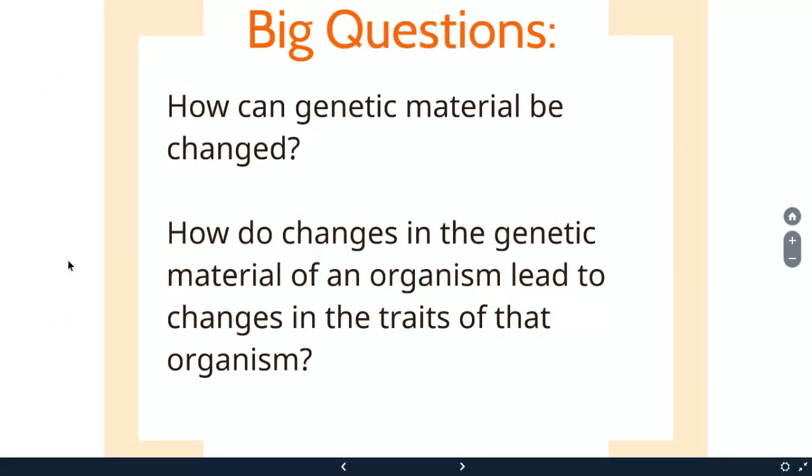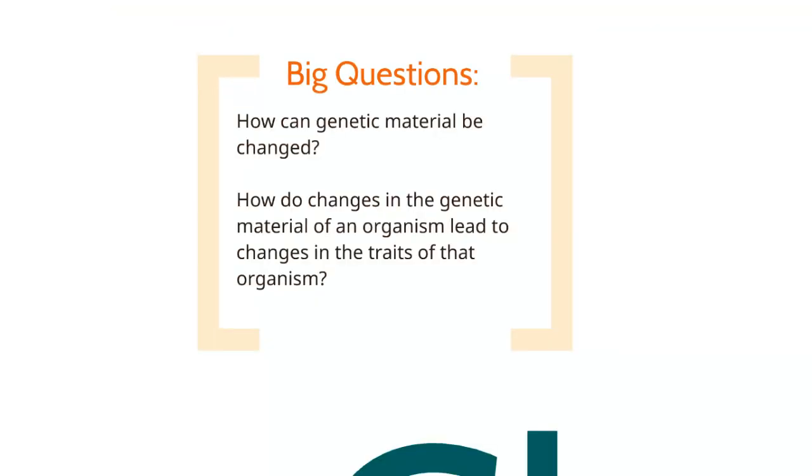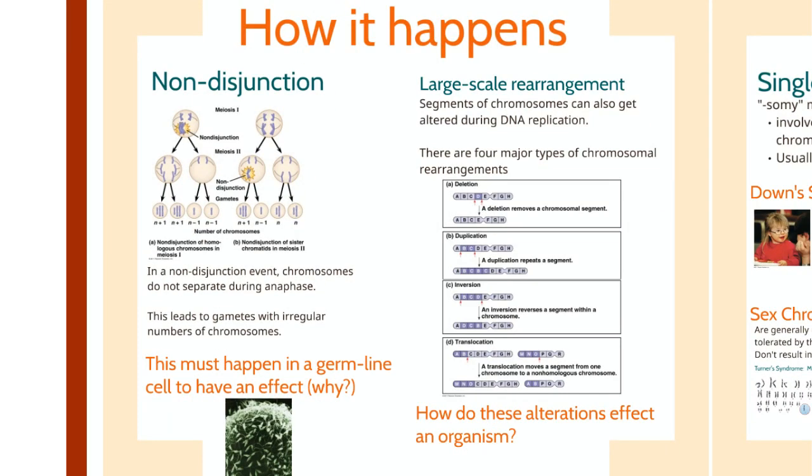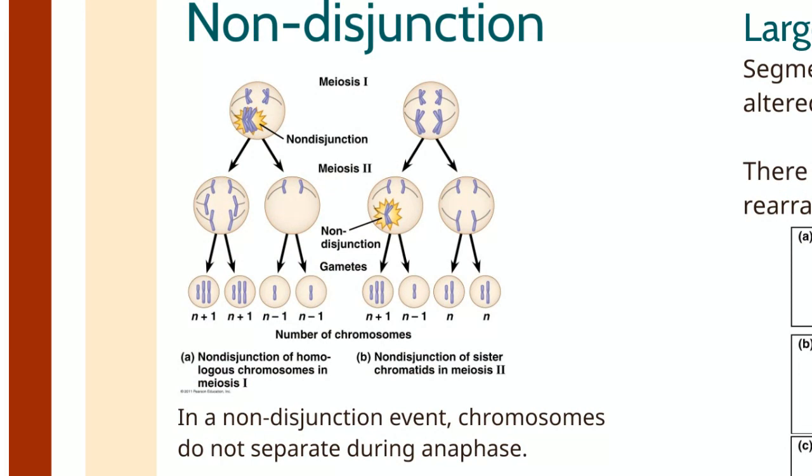In this screencast, in this Prezi, we're going to look at how genetic material can be changed. When we're talking genetic material, we're looking at DNA, and how changes in the genetic material of an organism lead to changes in its traits. To look at how these changes occur and are carried on into organisms, we need to look at cell division a little more closely, focusing on meiosis.